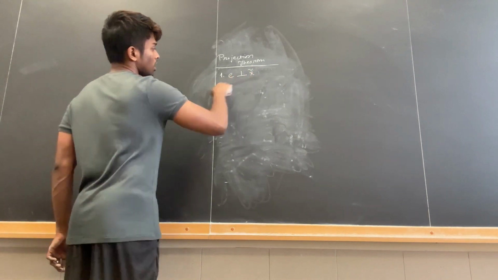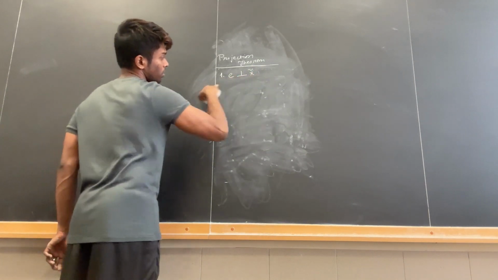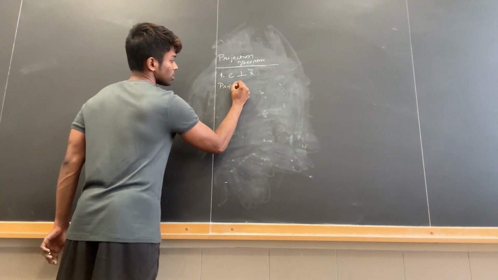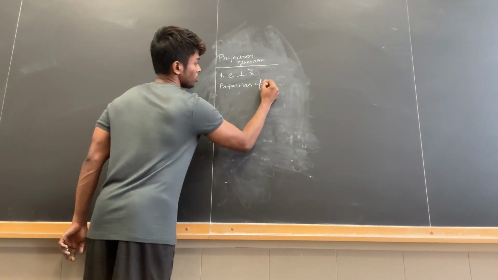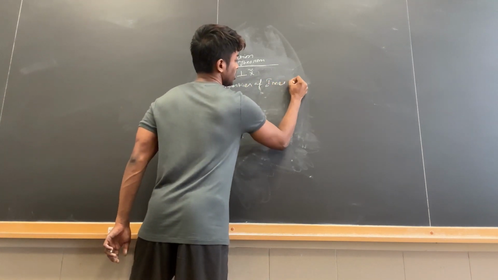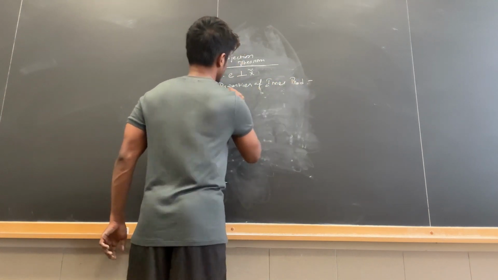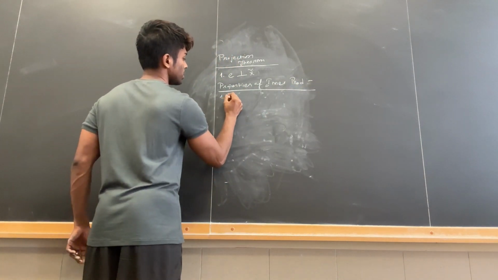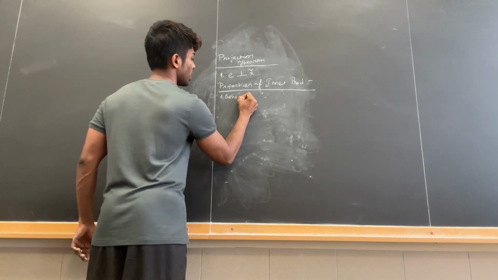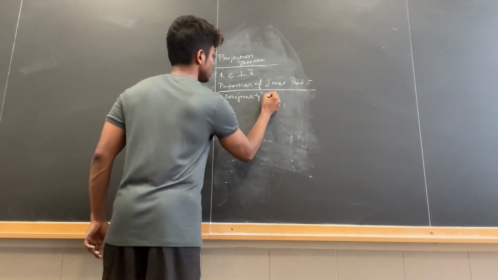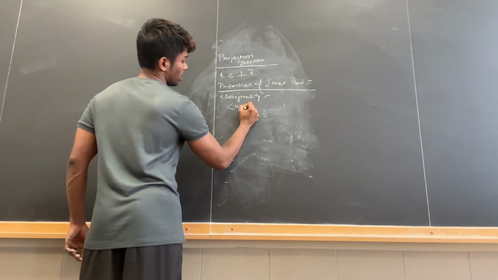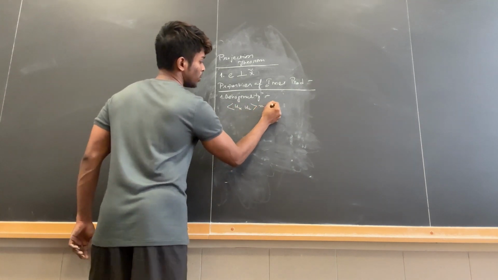Now to do this we have to discuss some properties of the inner product. So what are the properties of inner product? There is one property of the inner product, that is the orthogonality property. So what is orthogonality? The orthogonality says that if two are orthogonal to each other, their inner product must be 0.